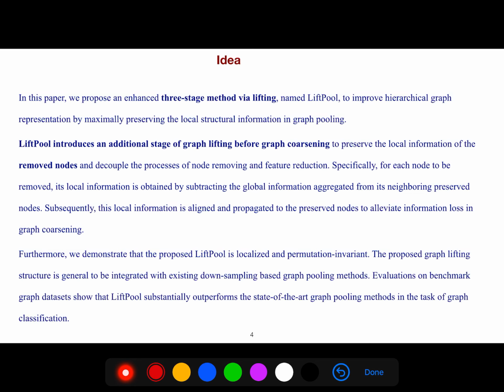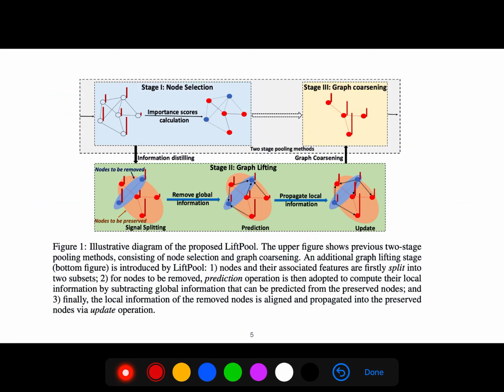Subsequently, this local information is aligned and propagated to the preserved nodes to alleviate information loss in graph coarsening. So they show that it is localized and permutation invariant. And the proposed graph lifting structure is general enough to be integrated with existing downsampling-based graph pooling methods.